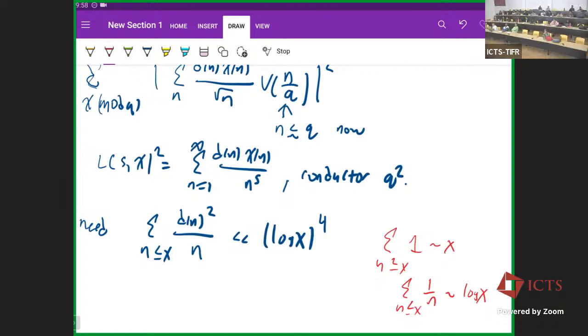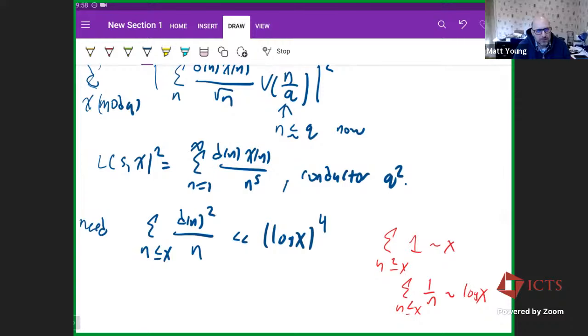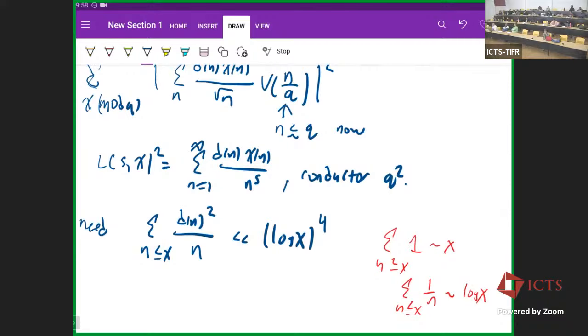Correct. I was thinking of the sharp upper bound with log q cubed, but for the fourth moment. Isn't it log to the fourth though? It's just like the zeta function.